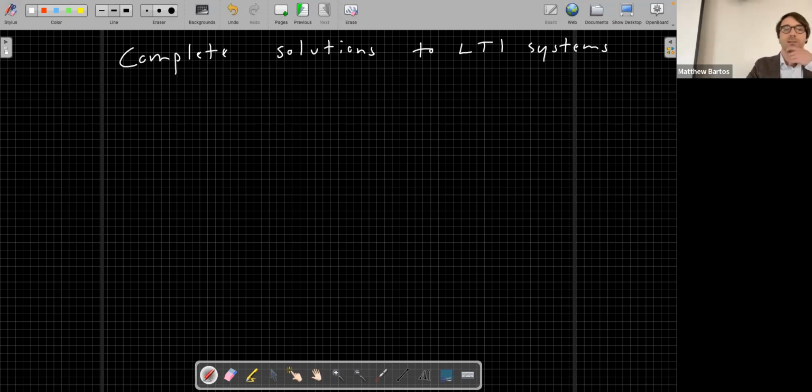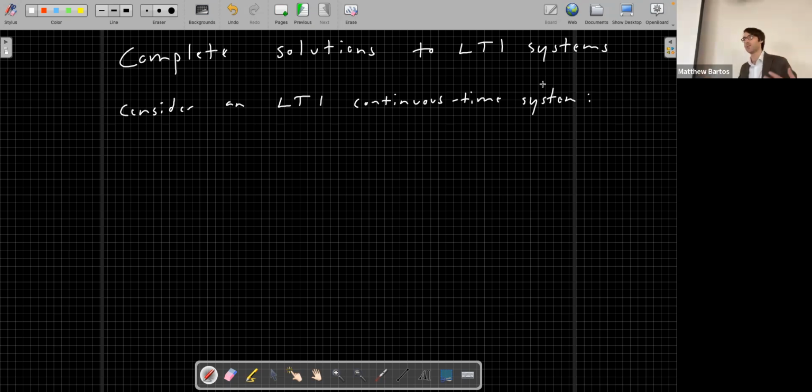Okay, so let's consider an LTI continuous time system. Note, when I say LTI system, I'm going to be talking specifically about dynamical systems. So when I use that term, I typically mean systems described by differential or difference equations. Okay, so just to be clear, LTI means a dynamical system in this class.